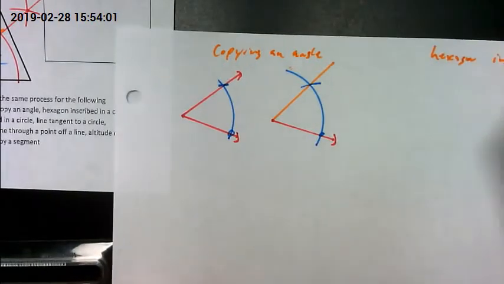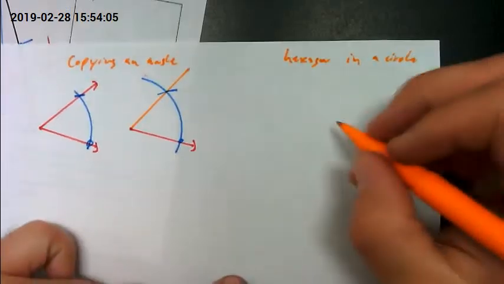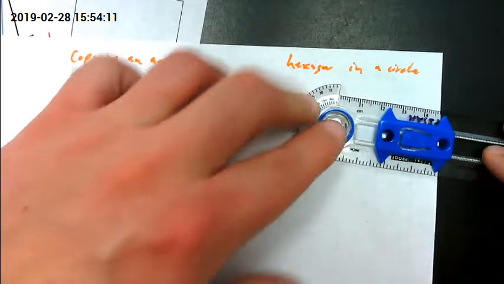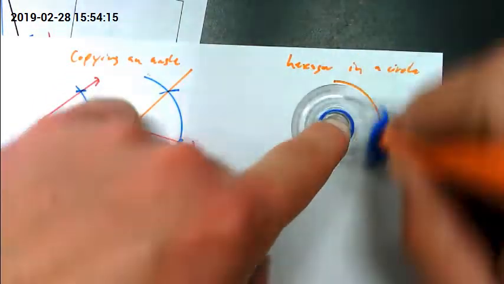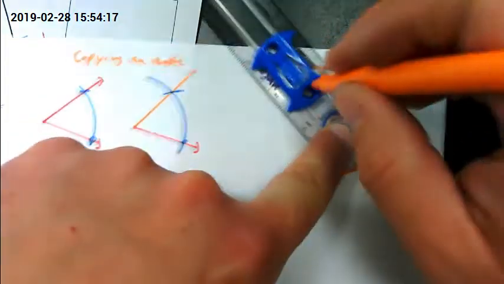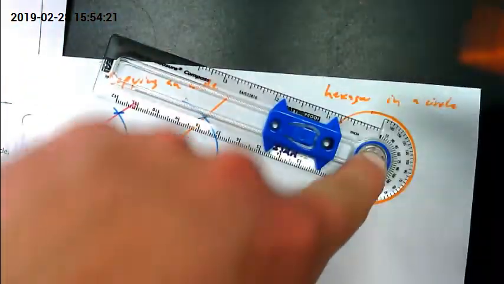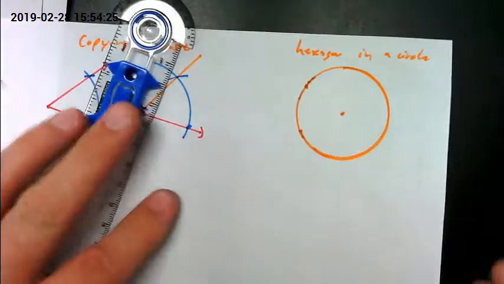Hexagon in a circle. We're going to start at a random point as our center point. Adjust our compass to whatever size circle you want to do. Alright.